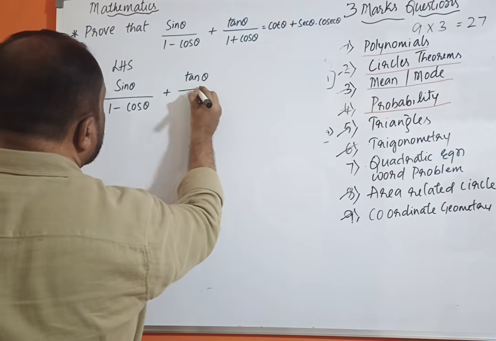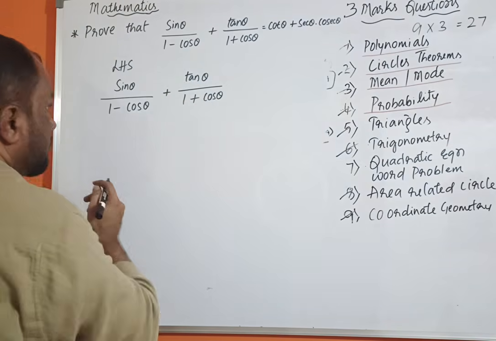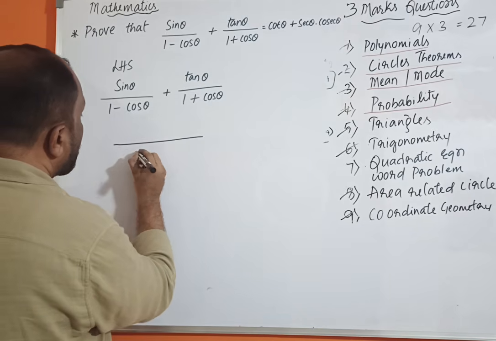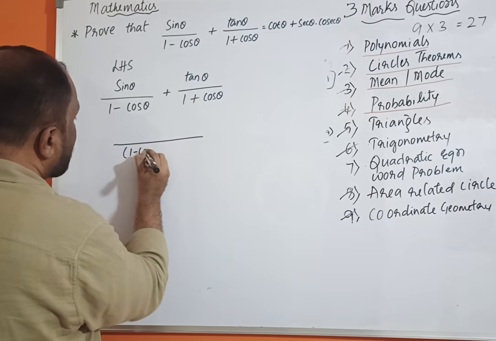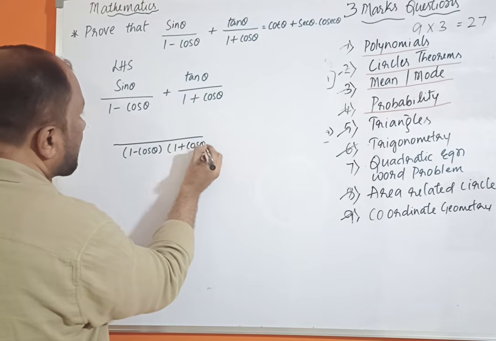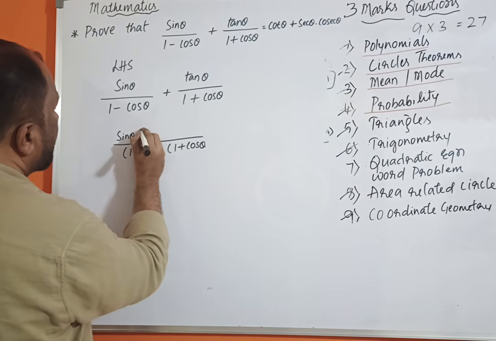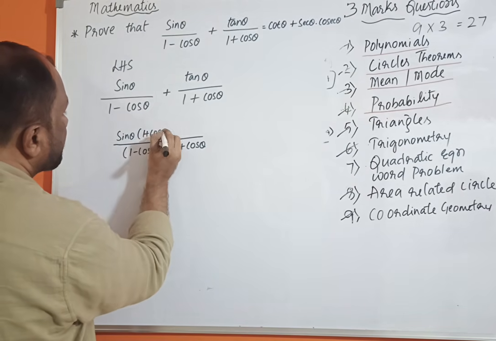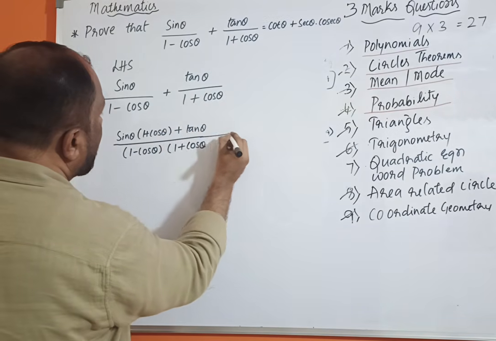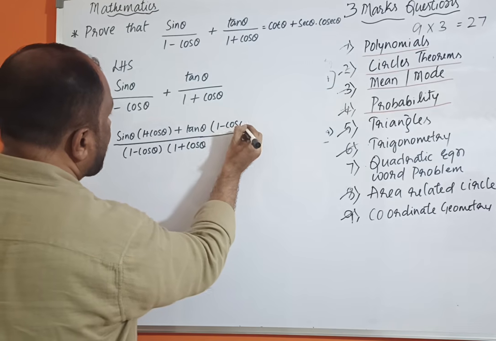Sin theta divided by 1 minus cos theta plus tan theta divided by 1 plus cos theta. So here the LCM of these two is 1 minus cos theta into 1 plus cos theta. So now sin theta should be multiplied by 1 plus cos theta, plus tan theta should be multiplied by 1 minus cos theta.